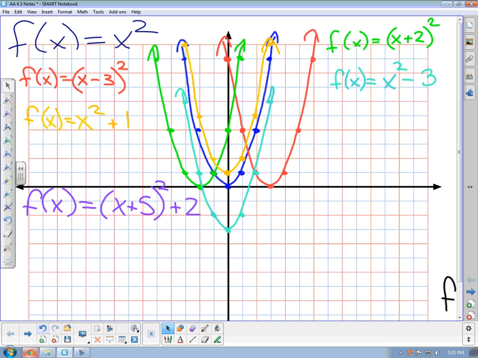Now let's get into this one. See if you can apply all of this and what you see here to this purple one. I'm not going to take any time for this one as far as where you need to graph it. I'm just going to draw it for you, and so just follow along and see if you can see what's happening.